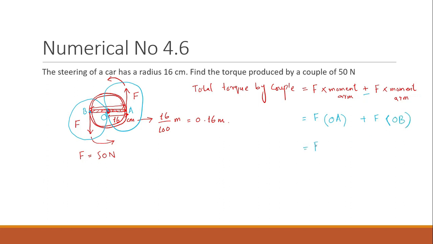Taking F common, F into OA plus OB is equal to the total distance AB. So AB is the diameter of the steering wheel.